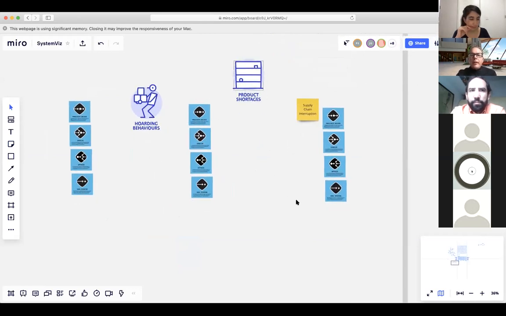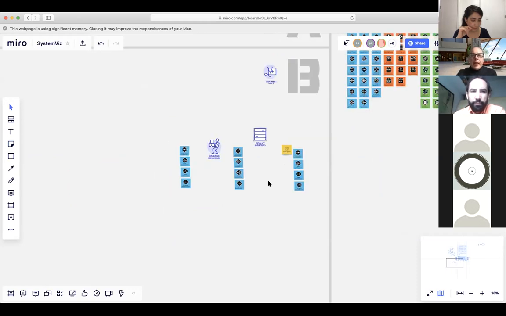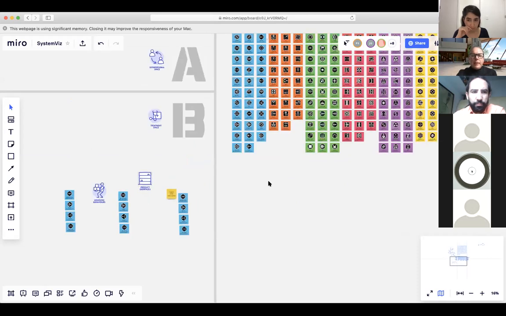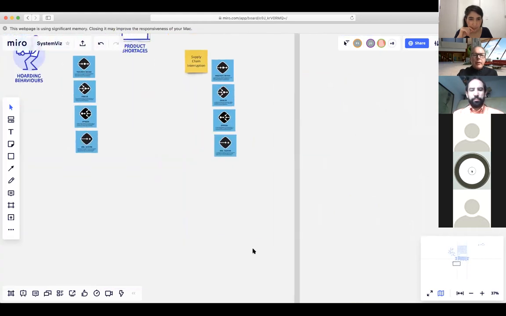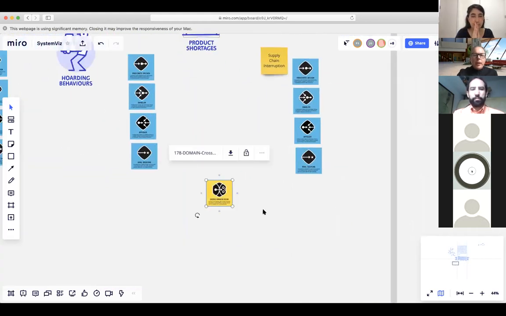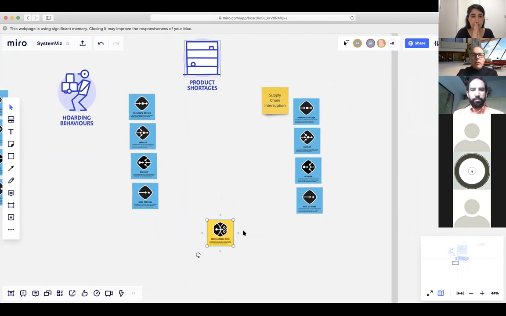And it's from there that we can start to pull in some interesting features, like aspects of the domain. Another interesting thing that I like to pull out is something like cross-domain risk. So in what way does a product shortage create risk elsewhere in the system, within another domain or somewhere else in the system?